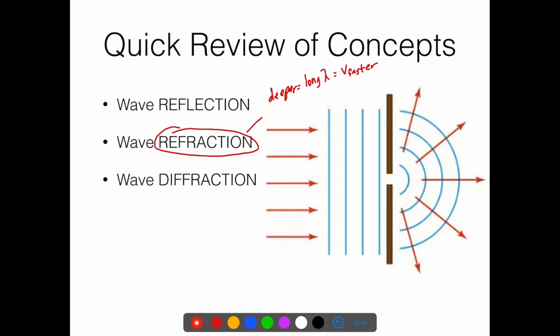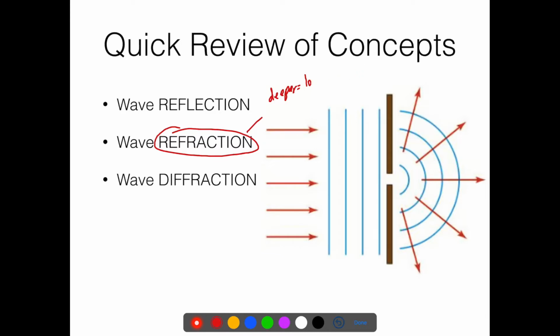And in some ways that's counterintuitive, because you would think as the water gets shallower that the waves should be able to move faster, but that can't work. There's some things with conservation of momentum and some other things that are in there that we're not going to worry about. But recognize that for the case of water, it's actually opposite of what we would expect. Deeper water means faster waves, means they have a longer wavelength.